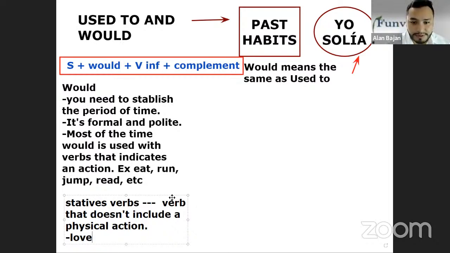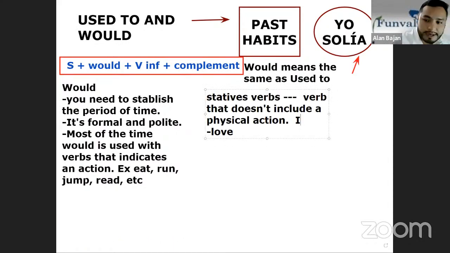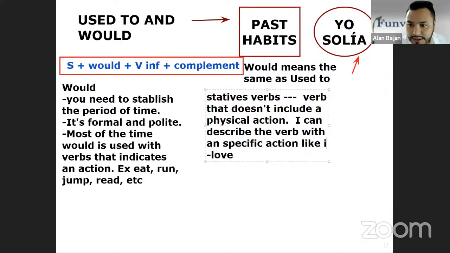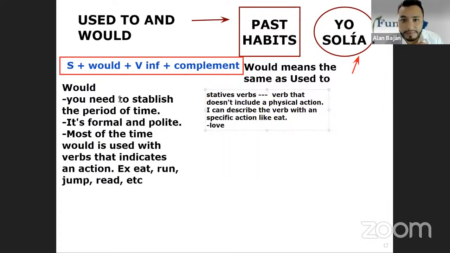I will add something here. Here, I can describe the verb with a specific action, like eat. Cuando yo les digo el verbo eat, todos sabemos que eat es llevarse algo a la boca y masticarlo, ¿verdad? Pero amar es algo que no incluye una acción física.